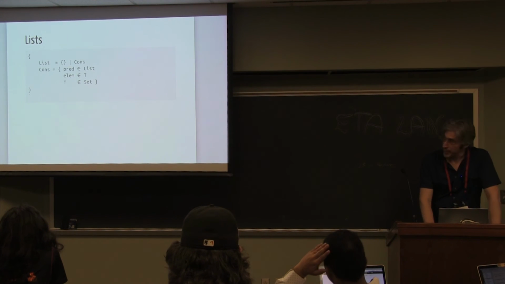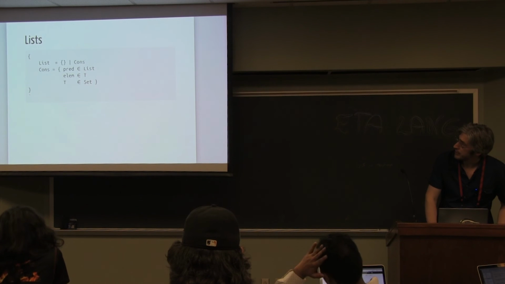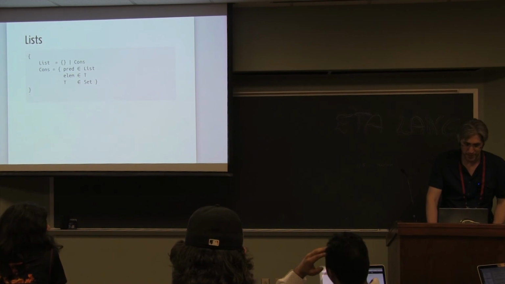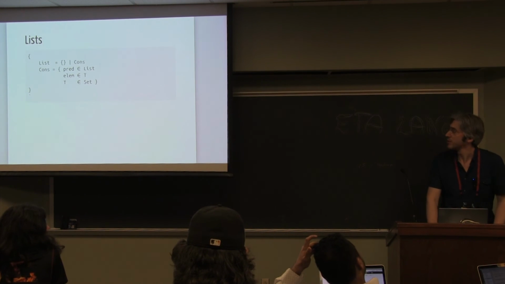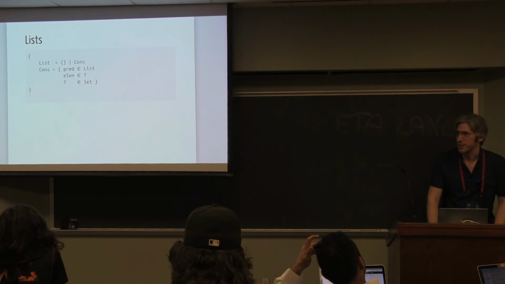If we look at that, we'll see a resemblance to some structure we've seen before. I even left the pred there instead of the usual tail for cons. So we see how it's the same shape as the naturals.